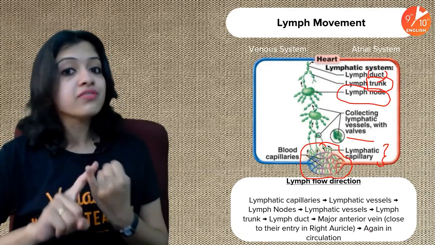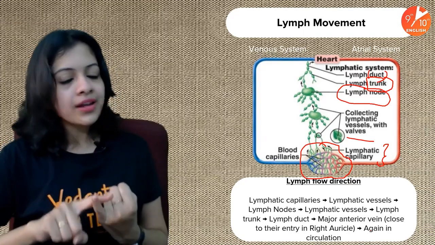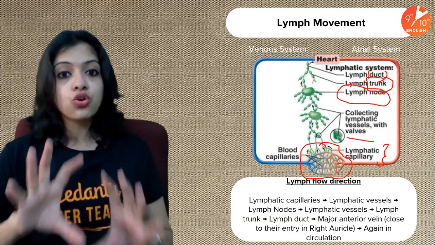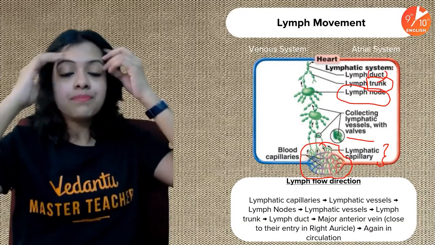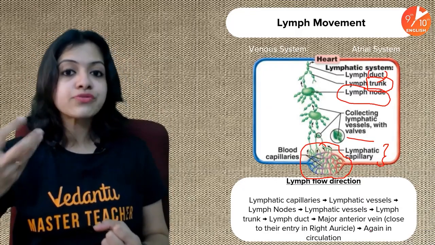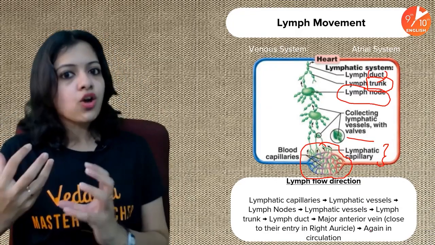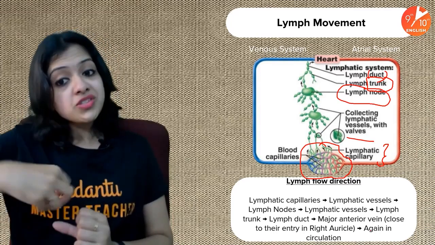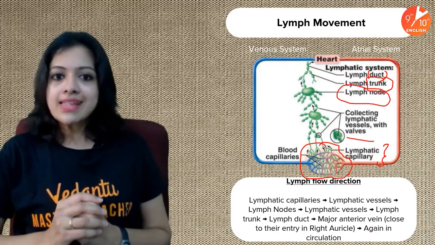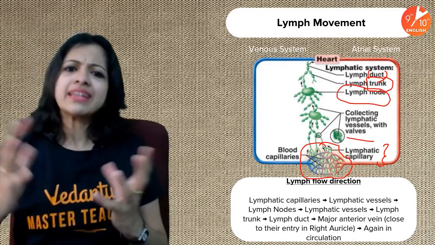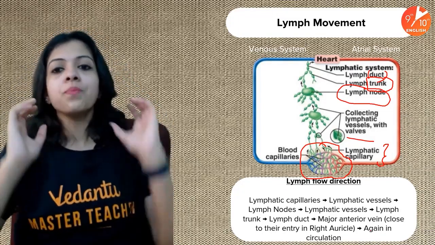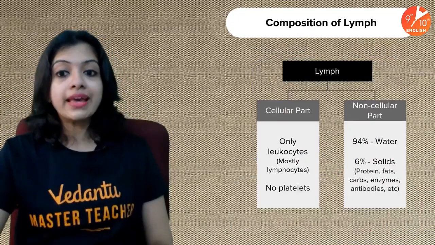Lymph vessels are helping for that, right? That is one reason. Secondly, because the lymph nodes are a very good area where there are a lot of immune cells, a lot of filtration of foreign matter is happening, because of which this lymph, which is eventually returning into your normal blood circulation, is free of all, or at least most, of these harmful pathogens. So this is how it plays a very important role in immunity.